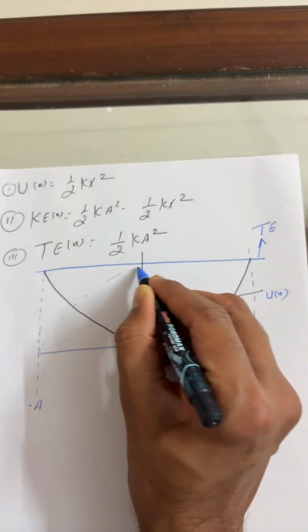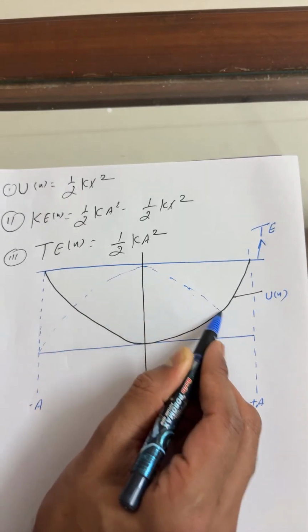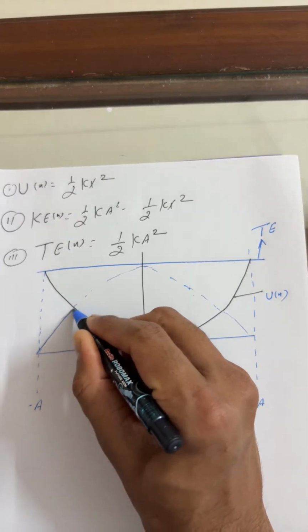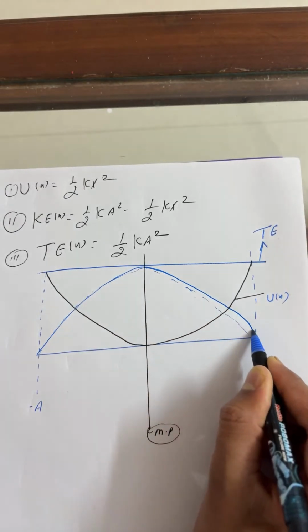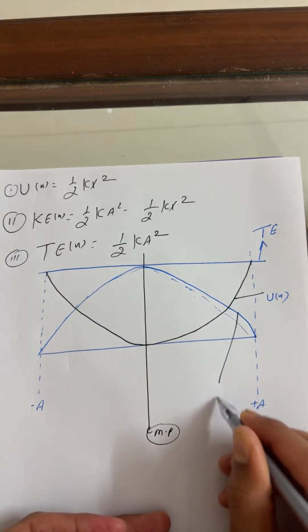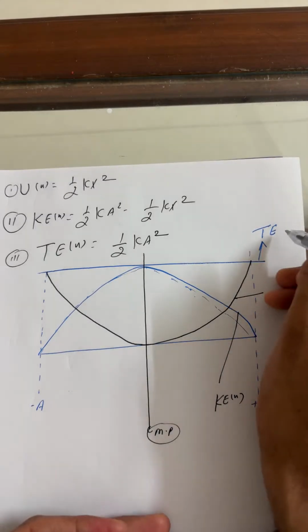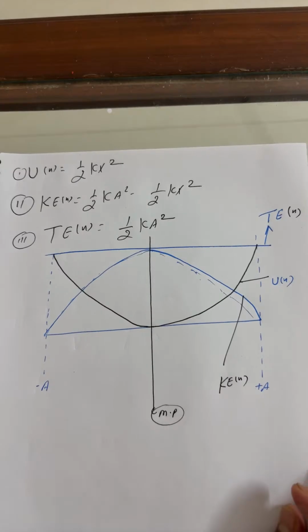This is the graph of kinetic energy as a function of x. And this straight line is the total energy as a function of x.